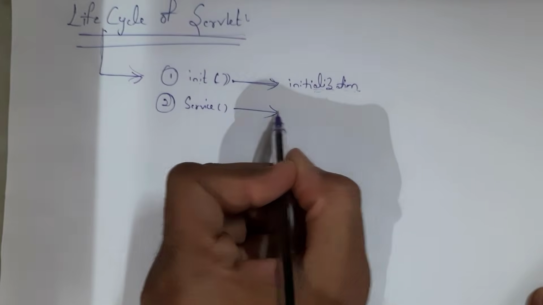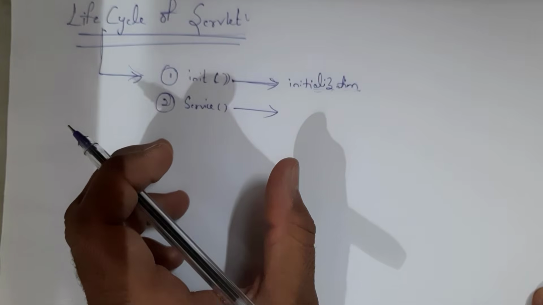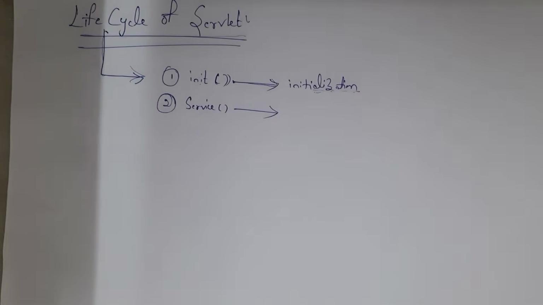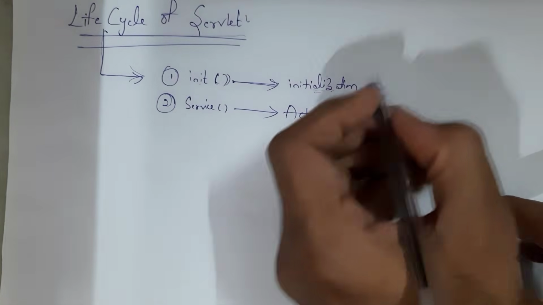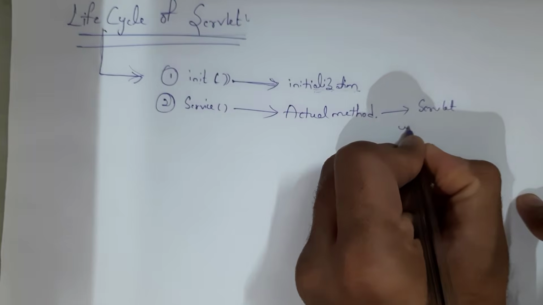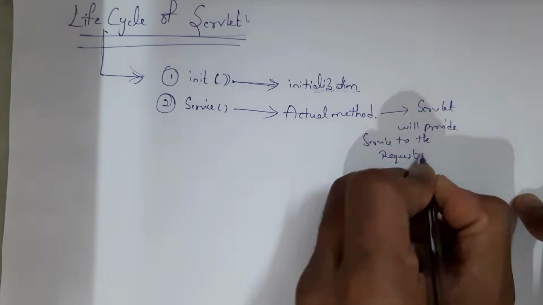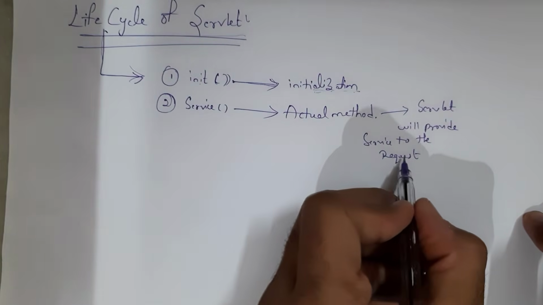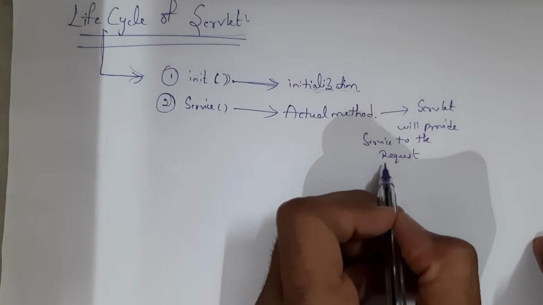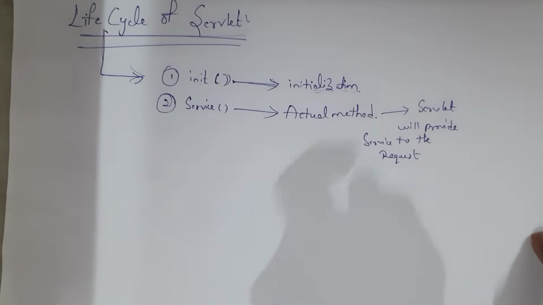After creating the servlet, its main use is to provide responses to requests. Whatever requests the user sends to the servlet, it will provide responses to those requests in the service method.